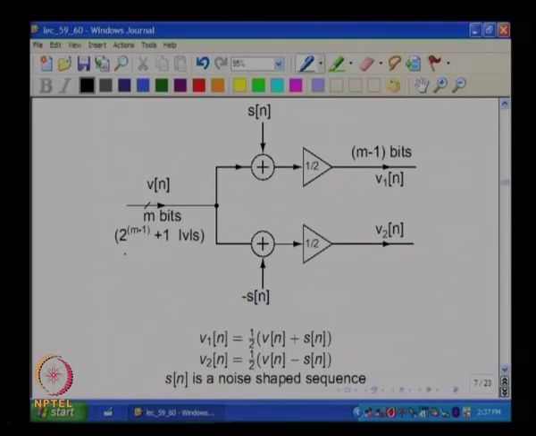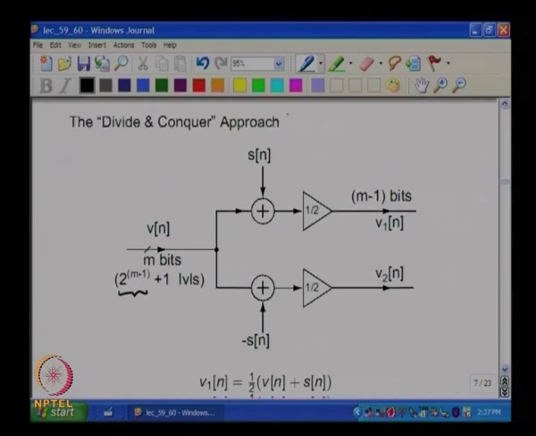So, in the same way, assume you have 2 to the m minus 1 plus 1 levels. Okay, this is a technique which will work, right, only if number of unit elements is a power of 2.